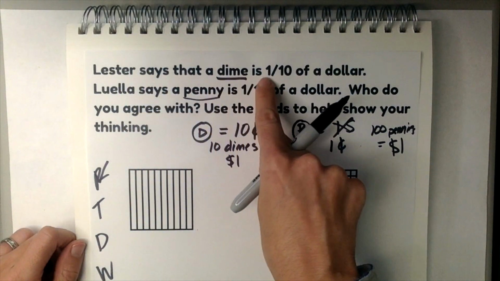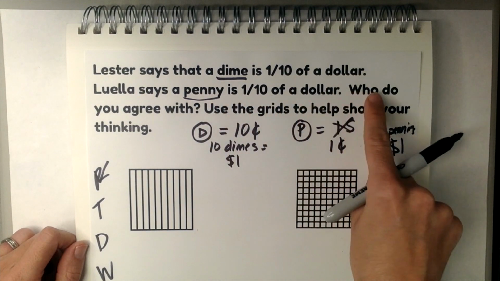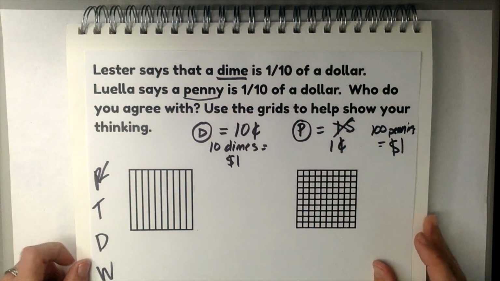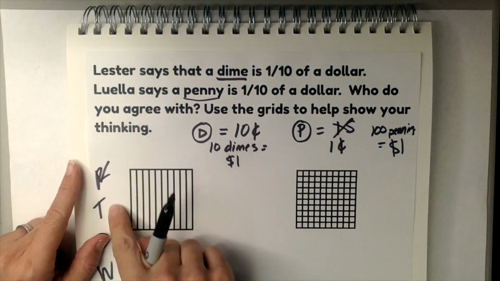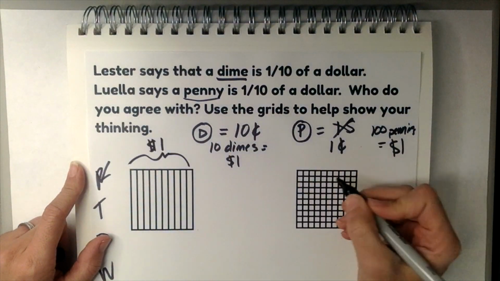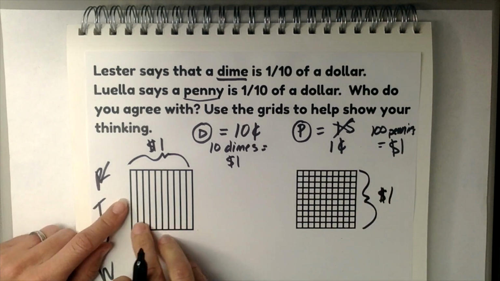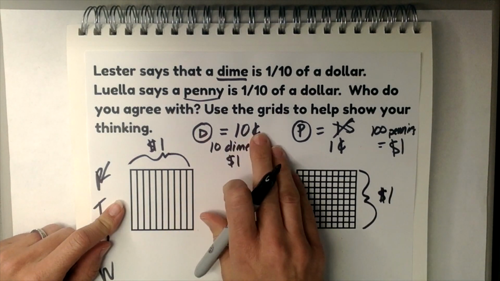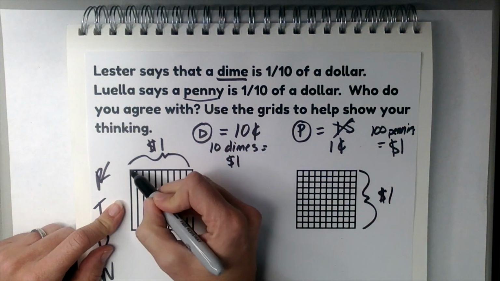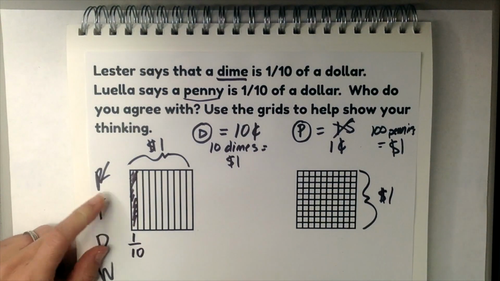So Lester says that a dime is 1/10 of a dollar, and Luella says that a penny is 1/10 of a dollar. Who do we agree with? So let's use these grids. So this could be like $1. If I make these the whole $1. And this one's divided in 10, and I know dimes are each worth 10. So I'm going to shade in one of these, and that will give me 1/10 of that.